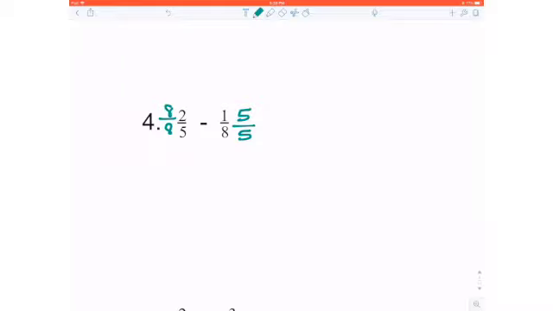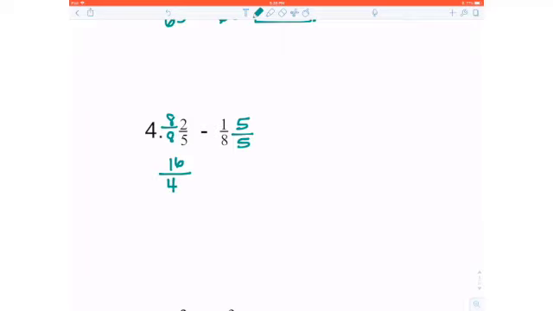Because if we multiply them by each other, we get the same denominator. 8 times 2 is 16 over 8 times 5 is 40, minus 1 times 5 is 5 over 8 times 5 is 40. So now we're going to keep the denominator the same and we're going to subtract the numerators. The numerator is 16 minus 5, which gives us 11 over 40.